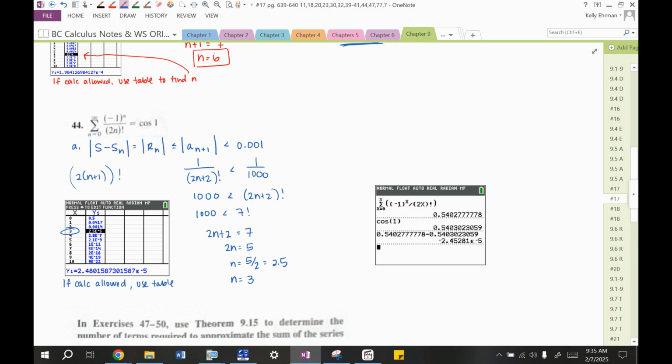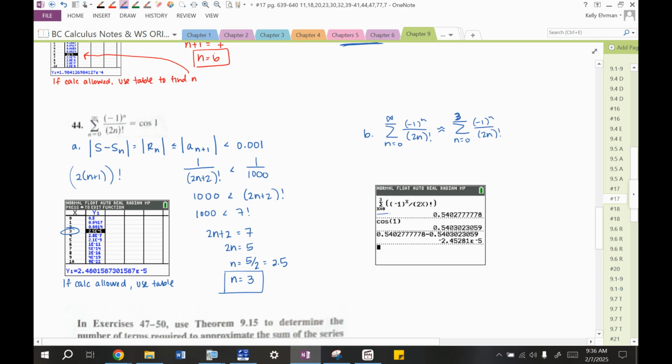All right, so let's see. If we put 3 into the approximation, because part B was to go ahead and approximate this. So we're saying that the sum from 0 to infinity of (-1)^n over (2n) factorial is approximately equal to our third partial sum, 0 to 3 of (-1)^n over (2n) factorial.